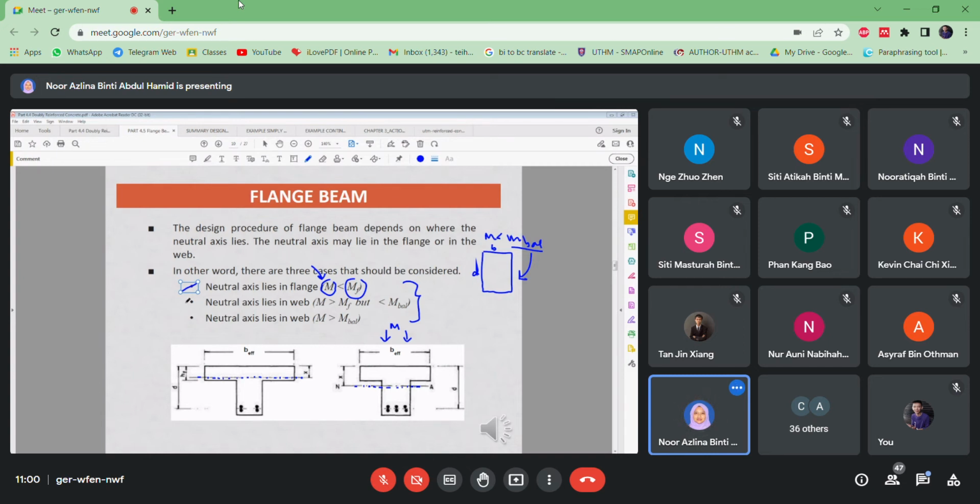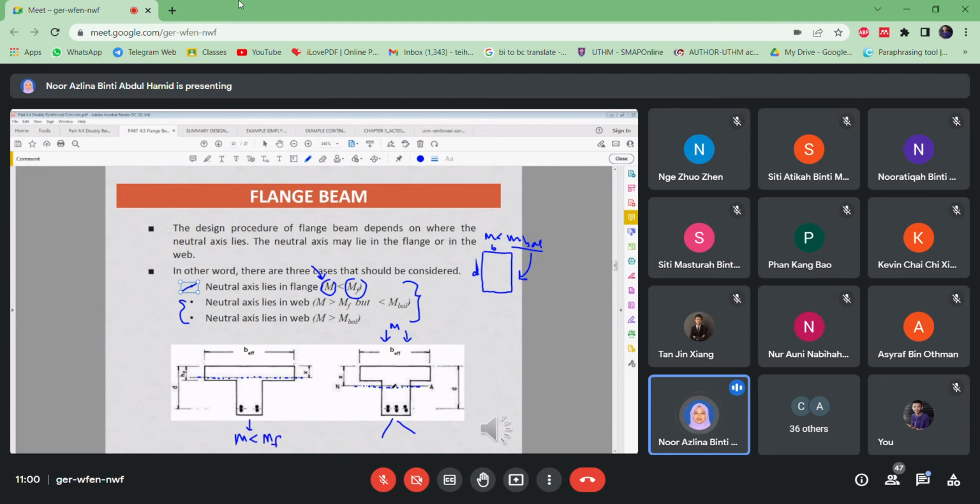So the second and third case, which is where the neutral axis lies in web here. Okay, dia ada dua case kat sini. Okay, so this case, once M less than M flange.